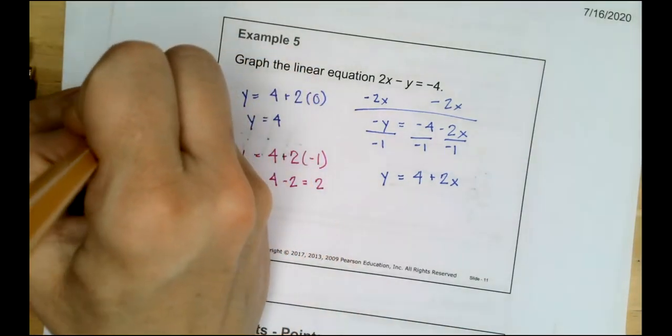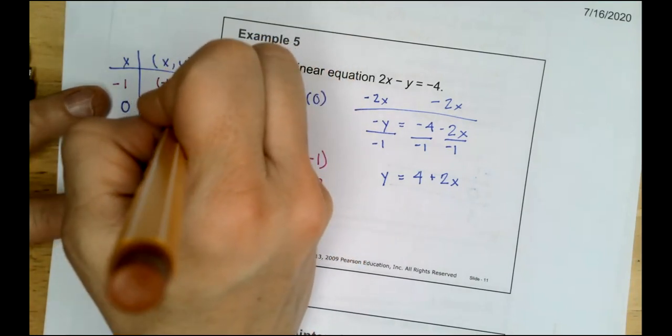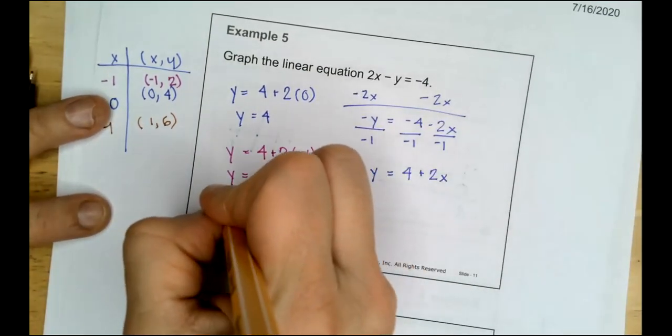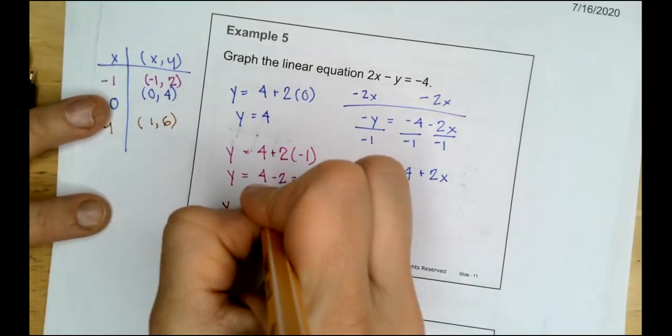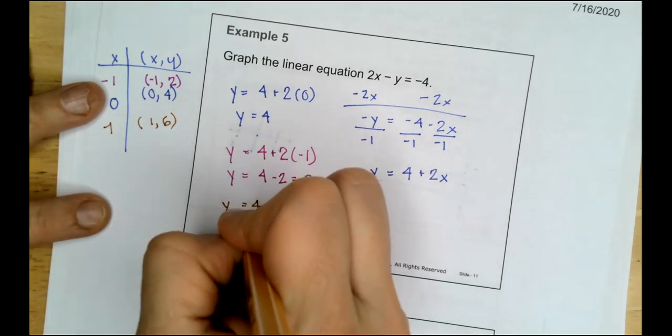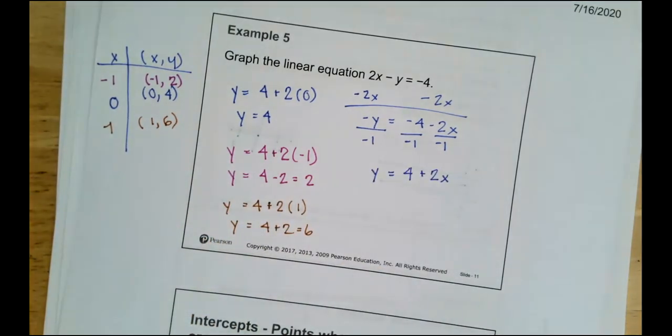So this one should be 6. But let's see if that's true. Y equals 4 plus 2 times 1. Y equals 4 plus 2, which is 6. Good, so you can see your pattern.